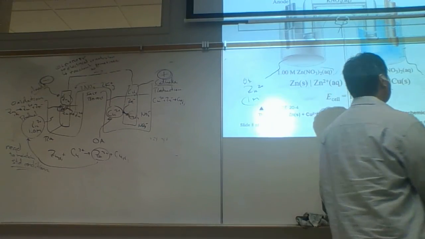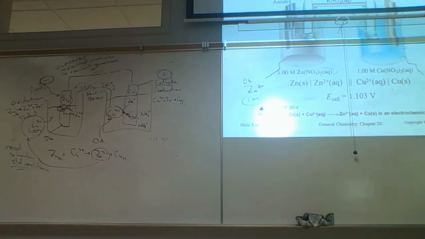What if we went from 1 molar down to 0.01 molar? What do you think is going to happen now? The voltage is going to go down because we don't have much copper.